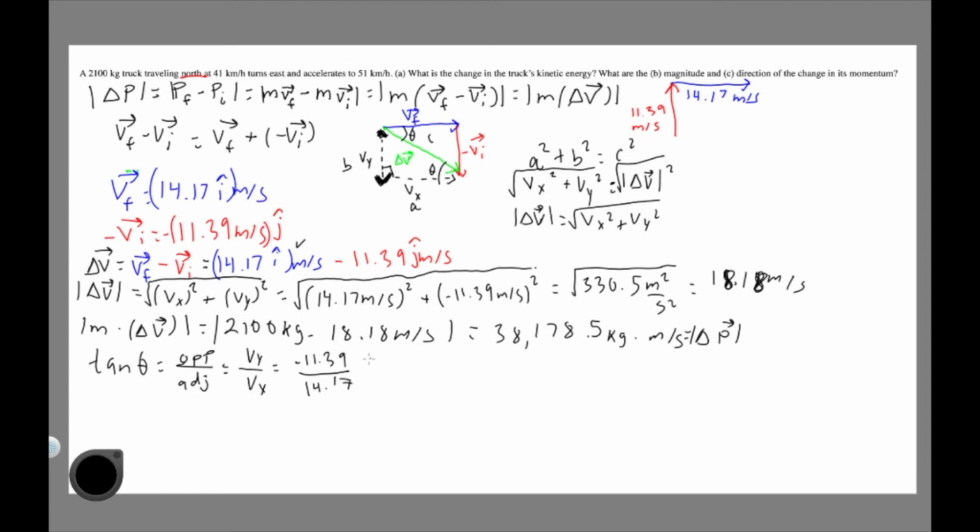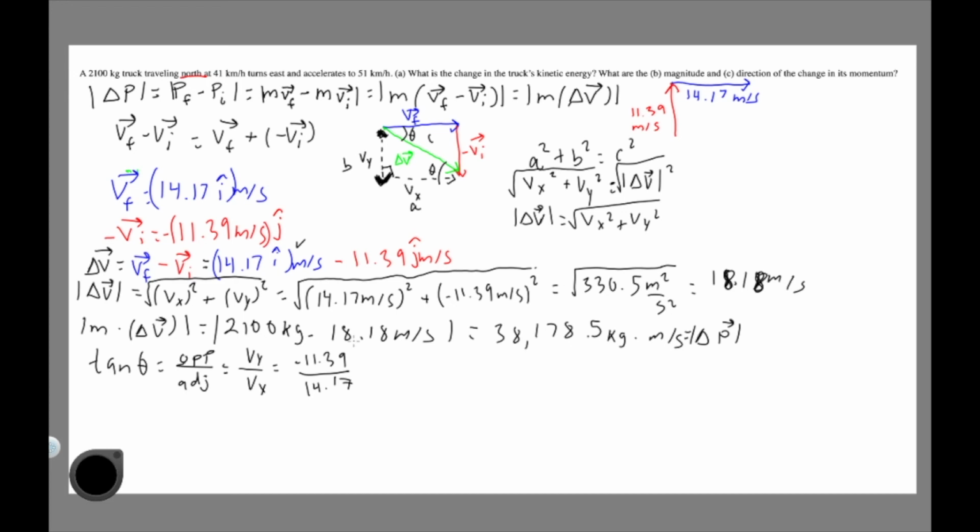So in this case, to isolate theta, to get theta by itself, we can take the inverse tangent of both sides. And this has the effect of undoing the tangent function around theta.